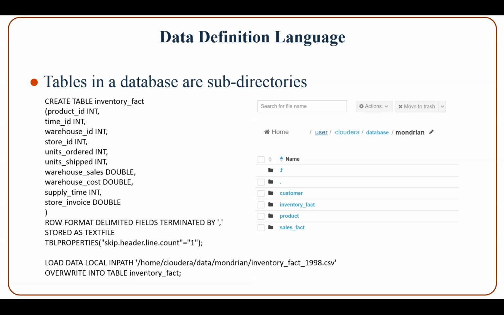So here you have a line after the schema saying row format delimited fields terminated by comma, stored as a text file. And the TBLPROPERTIES, table properties here, this one helps skip the header in the CSV file.